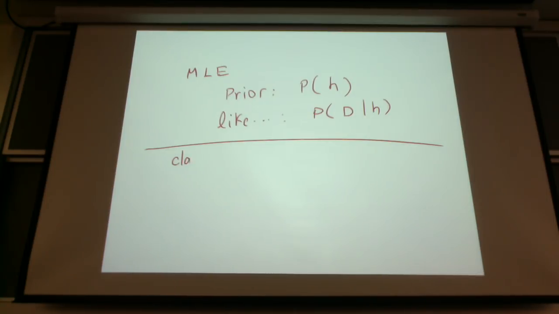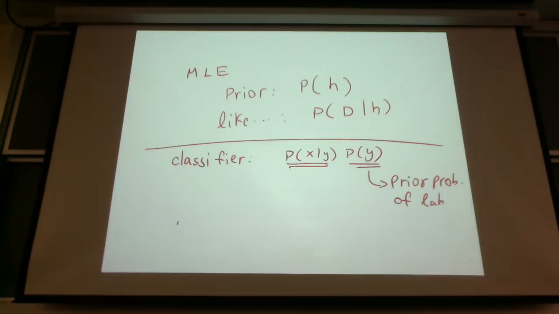the classifier defined by these two terms. Now, this is really for a particular example. This is not during learning. This thing is called the prior probability of a label.